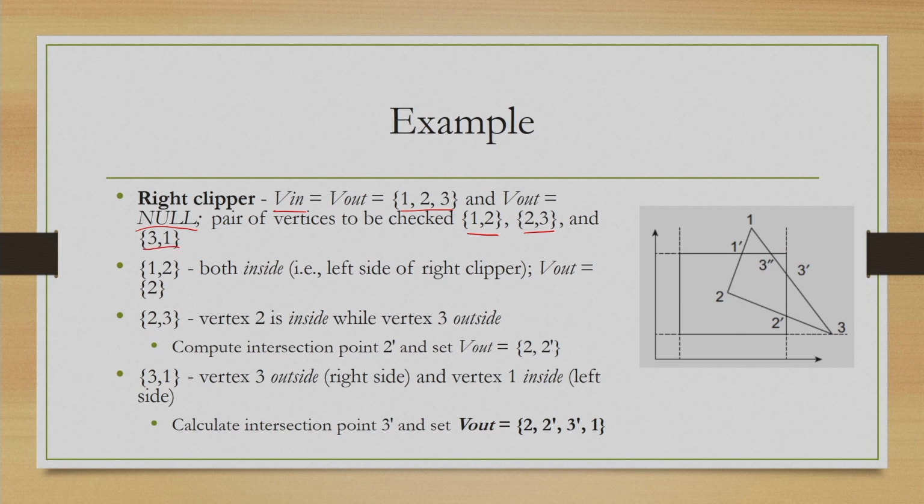For 1 2, both are inside the right clipper, we can check by comparing their coordinate values, because both of them are on the left side of the right clipper. So, V out is now 2. Then we check the pair 2 3, here we can see that 2 is inside whereas 3 is outside. So, in that case we compute the intersection point 2 dash, this point, and then set V out to be 2 2 dash.